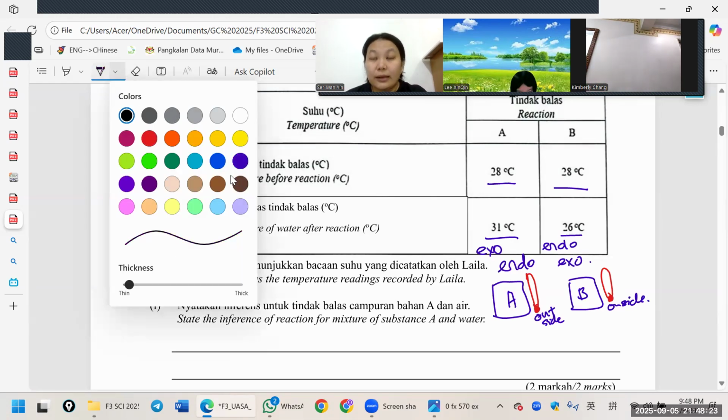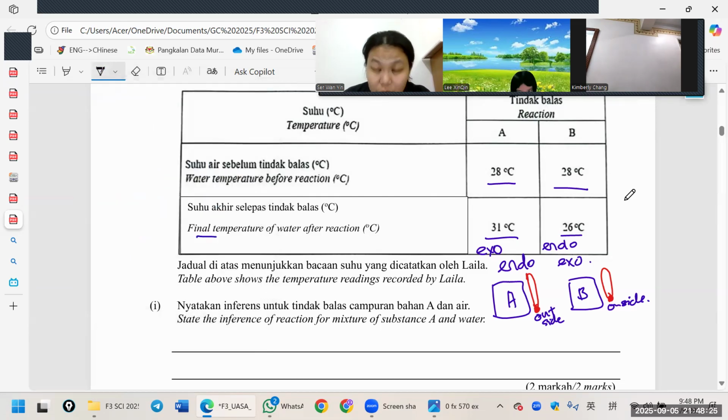In the beginning, they have the same temperature. This one is 28 to 31, so from 28 it becomes 31. It means outside gets more heat, which means heat comes from A and goes out.